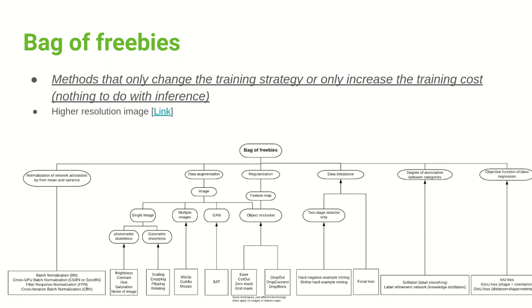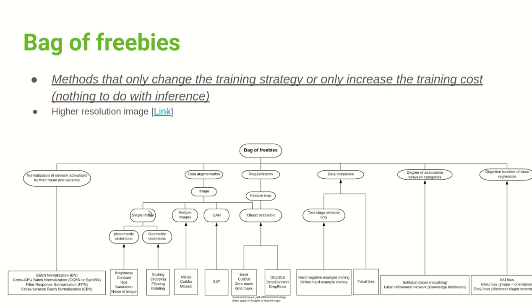And for the geometric distortions, you can have cropping, flipping, or rotation. It's also very common to have batch normalization, which falls into the category of normalization of the network activations by the mean and variance. And of course, if you have different GPUs, you can have the cross-GPU batch normalization approach.